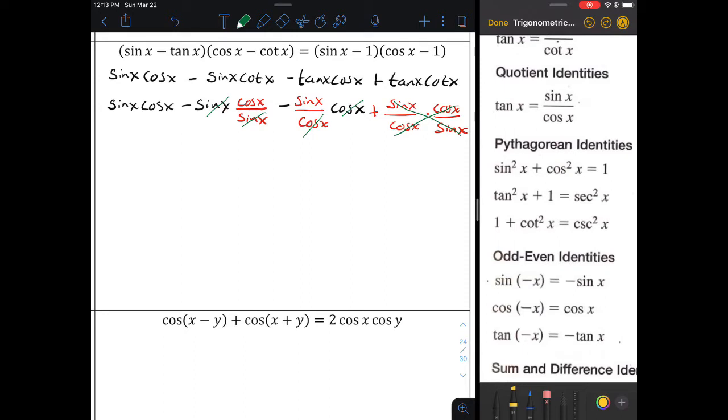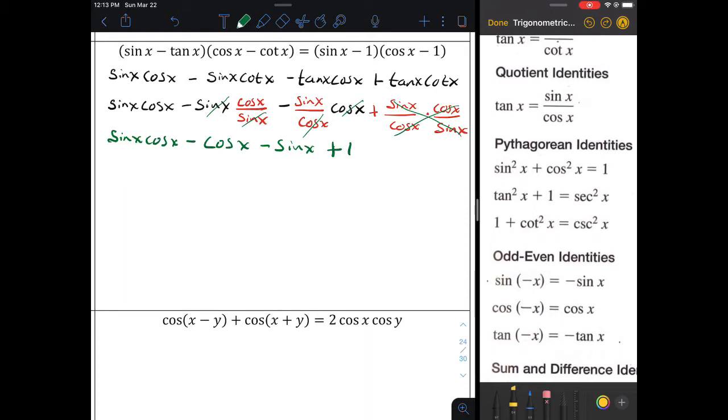And so I'm going to rewrite my problem here, and it becomes sine of x cosine x minus cosine x minus sine x plus 1. And I try to figure out, well, what would I do next from here?